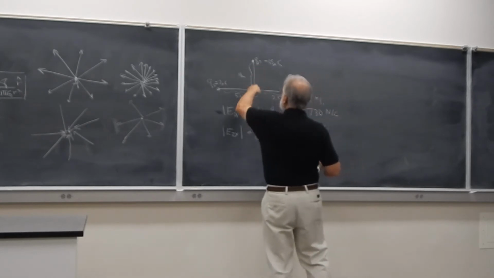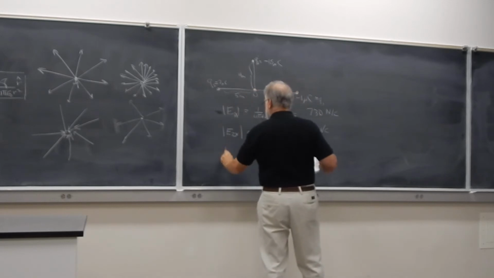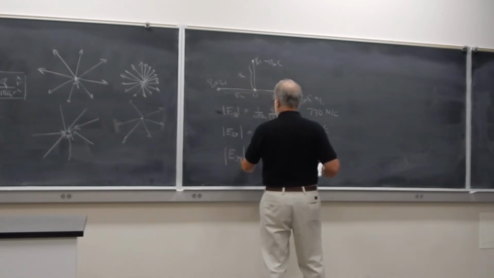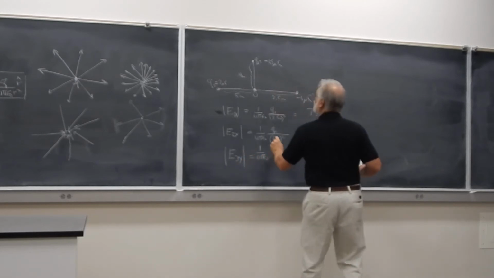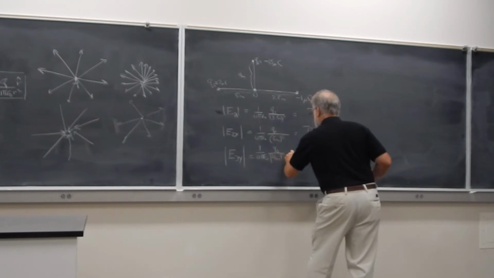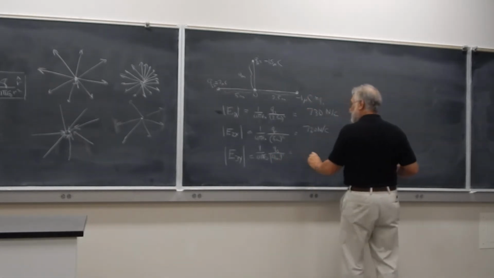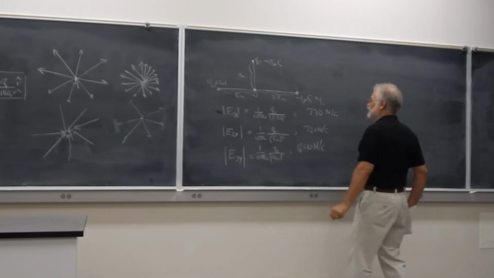That's all in the y direction, by the way. There is no x component with respect to the origin. Remember, everything is with respect to the origin in this problem. So it's E3y, 1 over 4 pi epsilon naught times Q3 divided by 4 meters squared. And that has a magnitude of 840 newtons per coulomb.